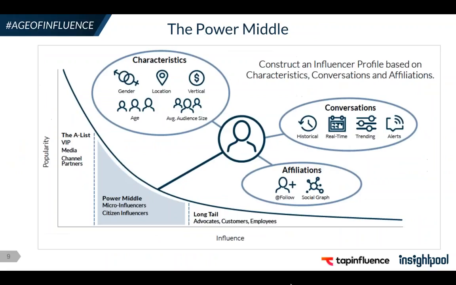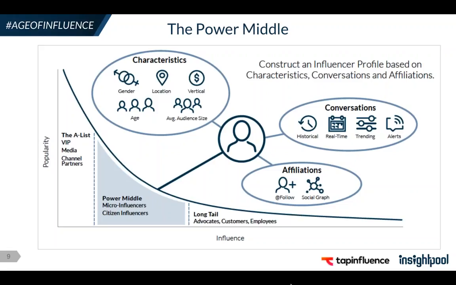Exactly. I feel like that's very similar when we're talking about true influence, we're definitely on the same page there. And we broke it down a little bit too on defining that power middle. Insightpool uses a lot of social data to give brands a better understanding about their influencers.